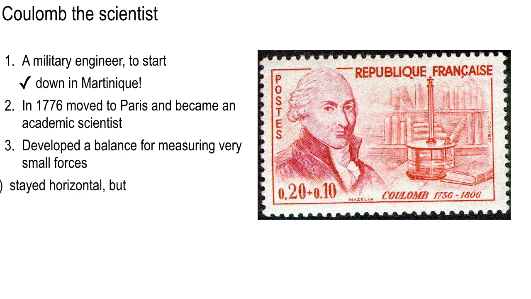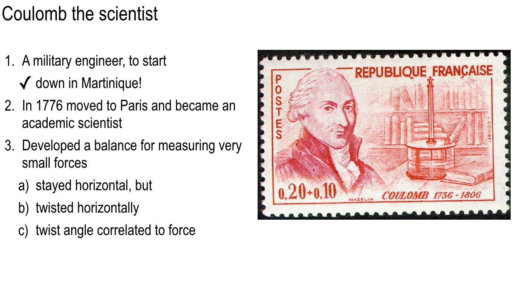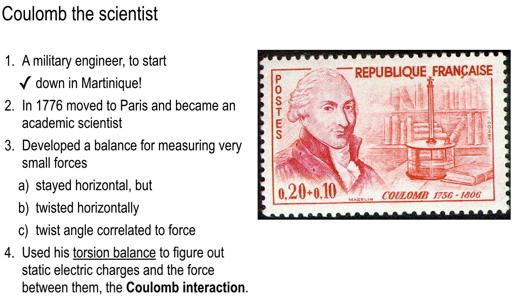What he developed was a small horizontal balance that twisted horizontally, in which the twist angle correlated to the force if you had your objects arranged not vertically but horizontally from each other. And I'll give you a diagram of it in a second.